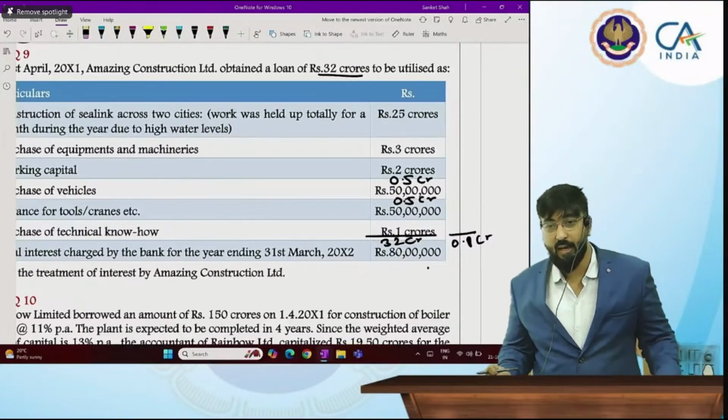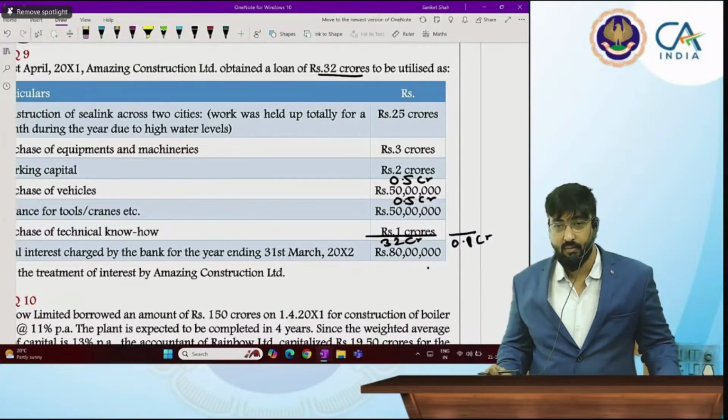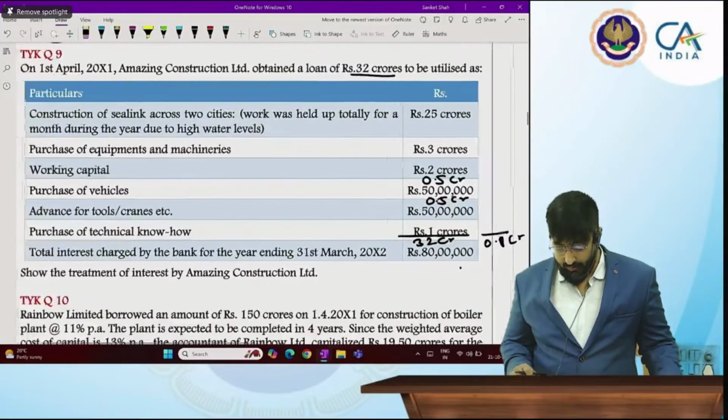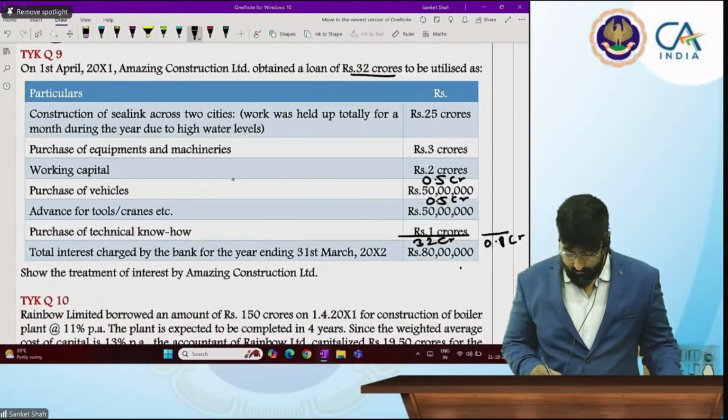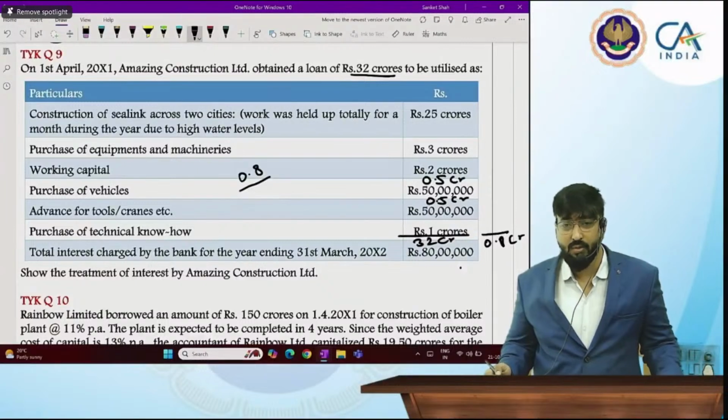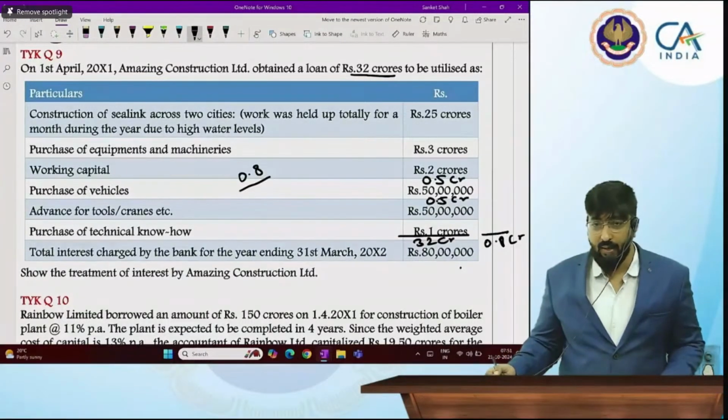So what is the Calci shortcut, my dear? Sorry, sir. What is the Calci shortcut? 80,000 divided by 8.8 crore. Why 80,000? Yes, 0.8 crores. Divide by? Divided by 32.